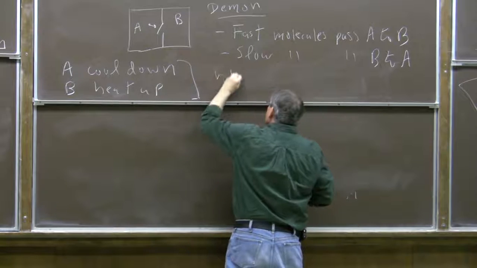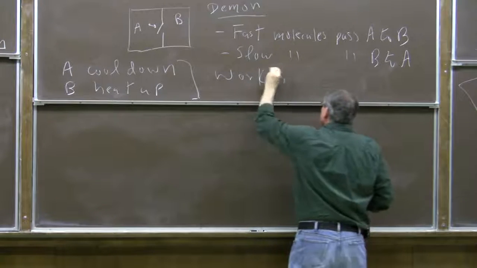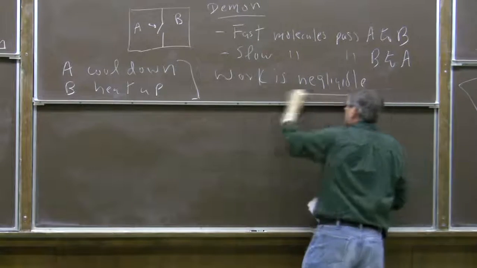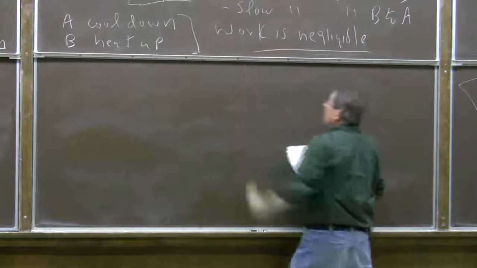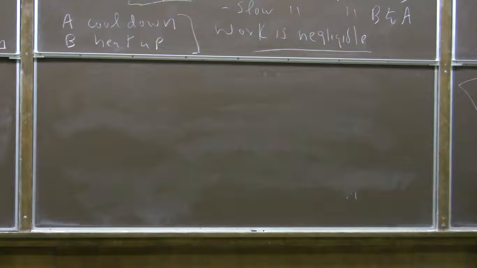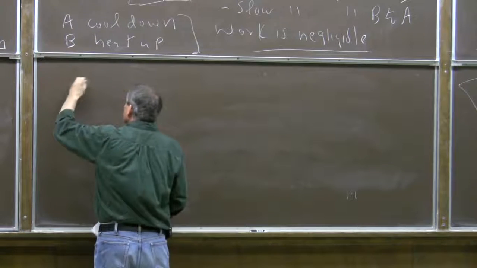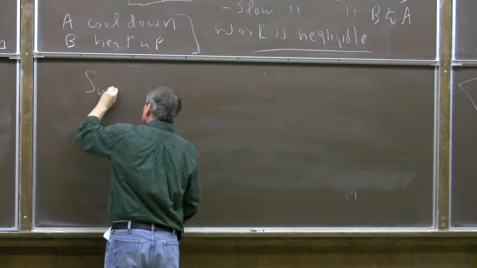So the work is negligible, or it could be. Yet, one side cools off, the other heats up. That violates the second law, if there's no dissipation, because the entropy of the universe is going down.